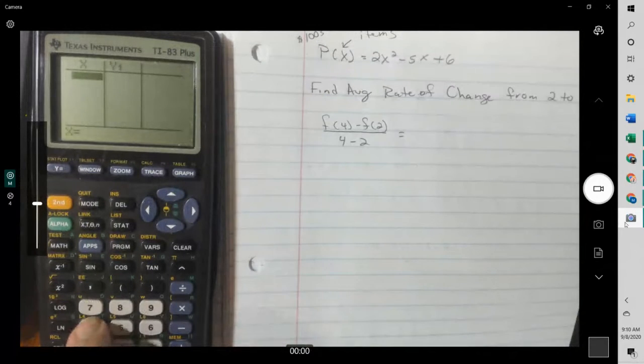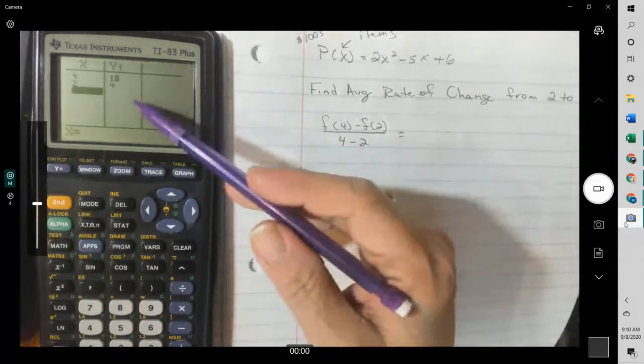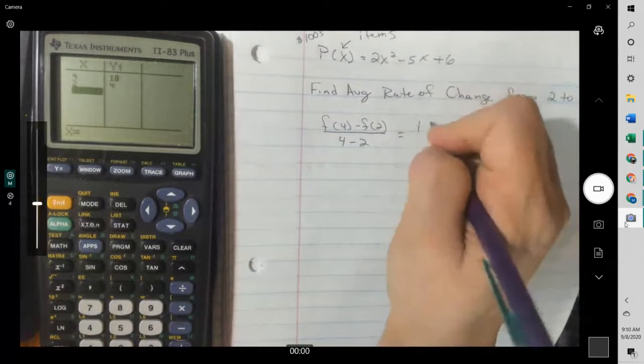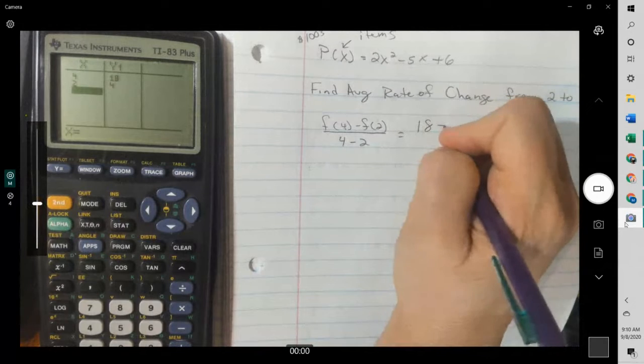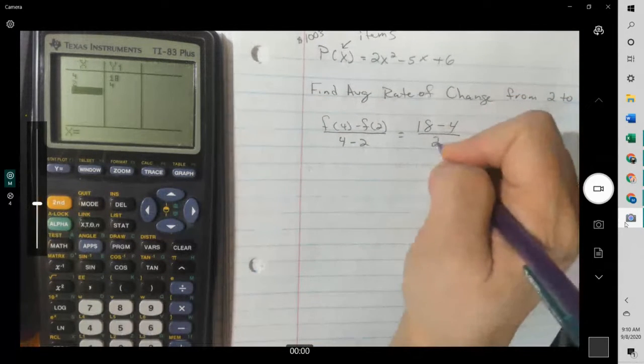And then put 4 and 2. So f of 4 is 18, minus f of 2 is 4. Then 4 minus 2 is 2.